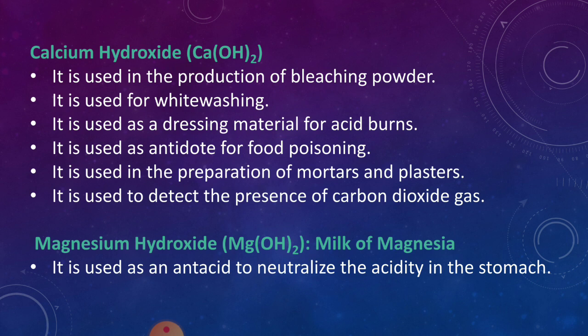When excess hydrochloric acid is produced in our stomach, we suffer with acidity, and because of that indigestion takes place. To get relief from that condition, we use magnesium hydroxide, that is milk of magnesia. It comes in the form of medicines. When we take milk of magnesia in the case of acidity, it readily neutralizes that excess amount of acid and we get relief from acidity.